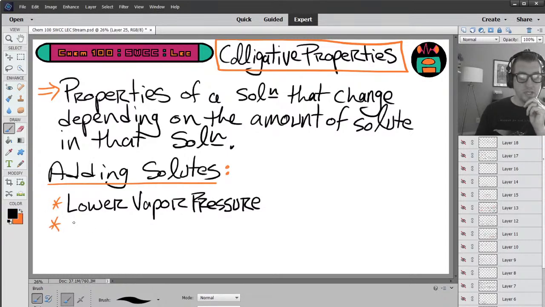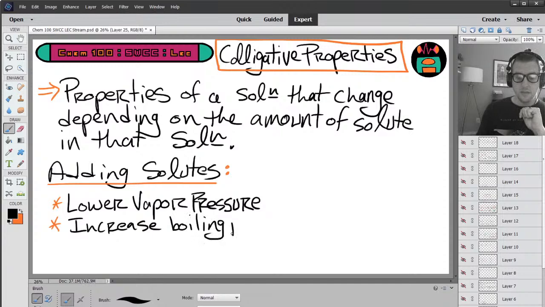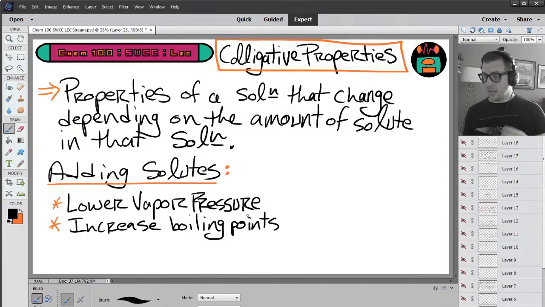Adding solutes will increase boiling points. That's why, for example, when you're cooking pasta in boiling water, often a recipe will tell you to add salt to the water.